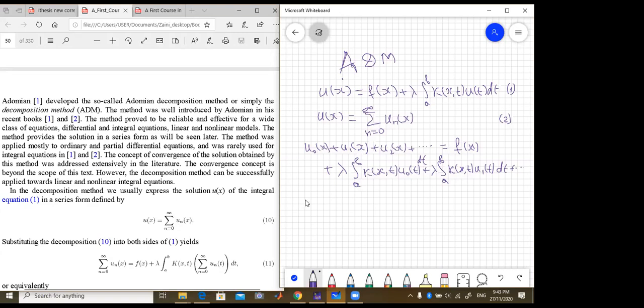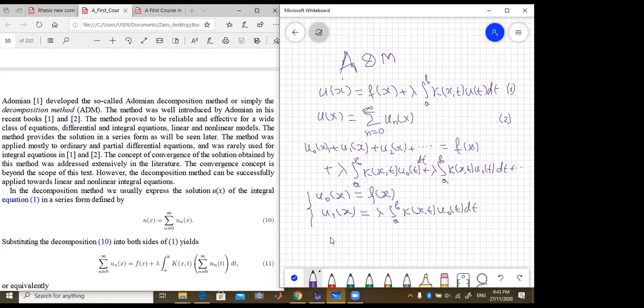This goes on infinitely. By equating both sides, usually as an initial guess we choose u0 for this particular integral equation to be the given function f of x. So u1 of x on the left side is equal to lambda integral from a to b, k of x,t, u0 of t dt.